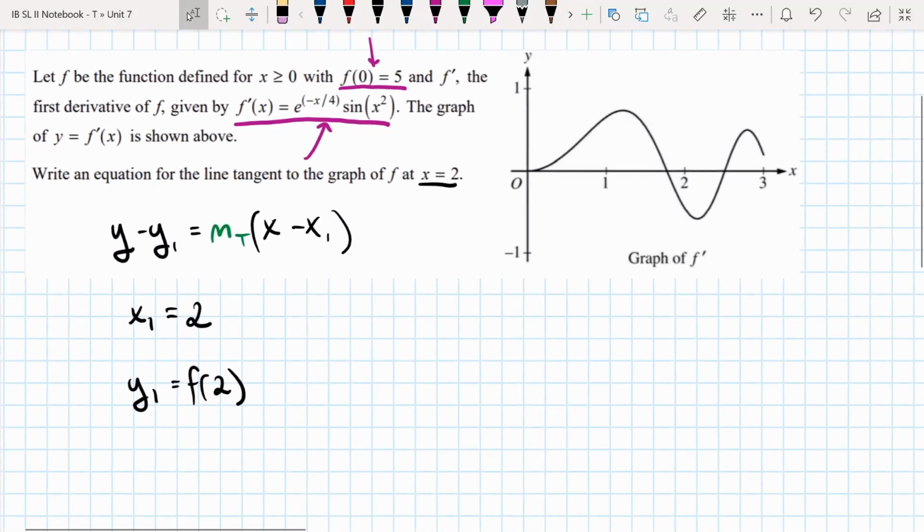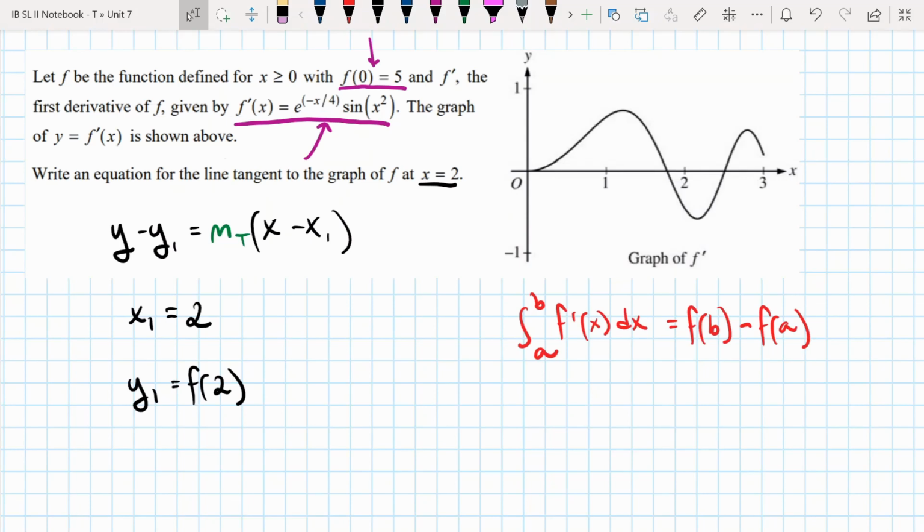So let's write down the first fundamental theorem of calculus that we talked about earlier in the year. And that is, if I have the integral from a to b of the derivative of some function, well, that integral is equal to the value of the original function at b minus the value of the original function at a.